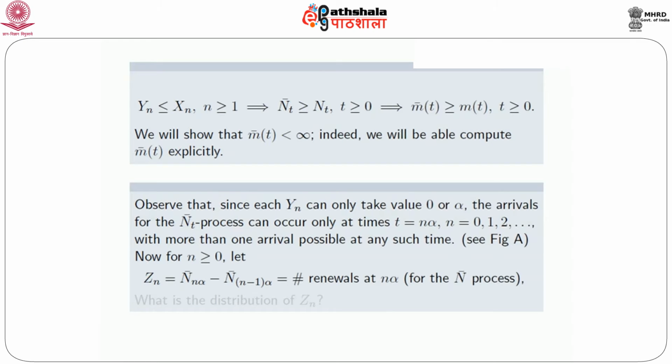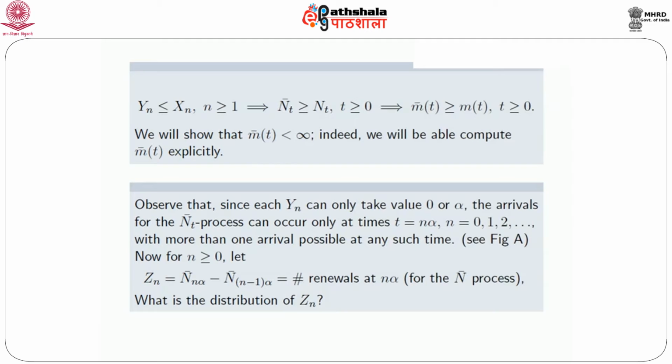Of course, since yn can take the value 0 with probability p, it's possible to have more than one arrival at any such time. So two things. One is the interarrival times of the n hat t process can take only two values, 0 or alpha. So arrivals can only occur at times which are multiples of alpha. And of course, it's possible to have more than one arrival at any such time.